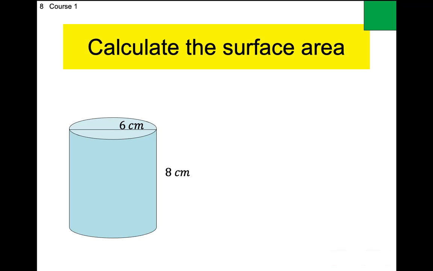Pi r squared times h. That's literally in this formula as well, except it's not pi r squared, it's just 2 pi r times h. They sound almost identical, the formula for volume and surface area, but they're definitely different. So if you don't read it carefully and you calculate volume when they want you to calculate surface area, you get it wrong.